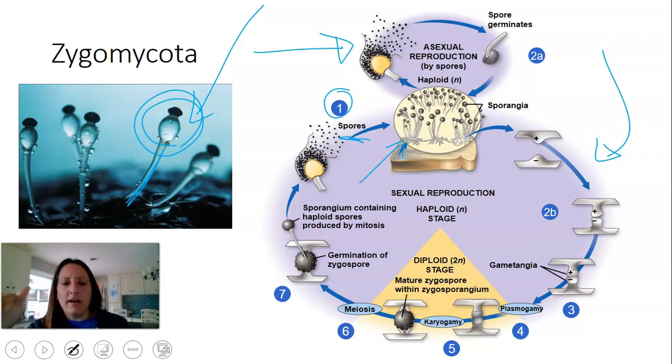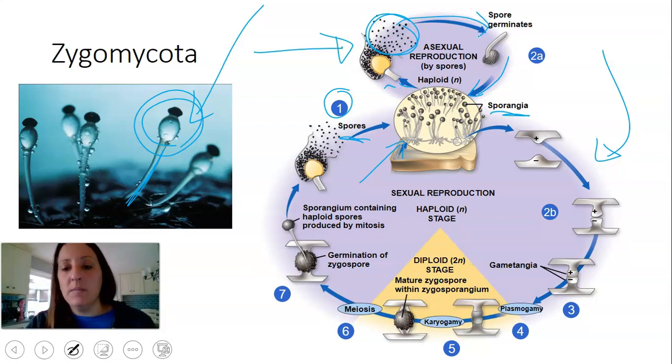Okay, we've got a lot of hyphal strands, and growing off of those hyphal strands are sporangia. Those sporangia will produce spores by mitosis. Those spores will get released, they'll land, and they start to grow again, and the life cycle just goes around and around and around.